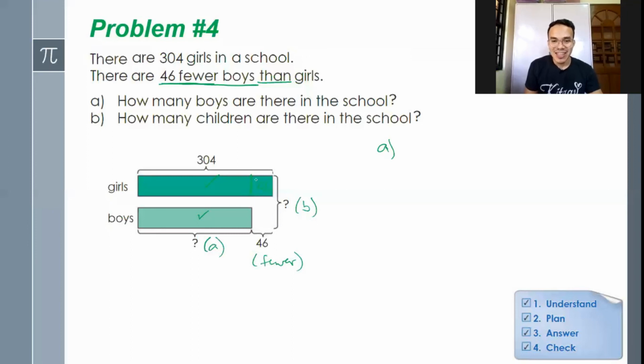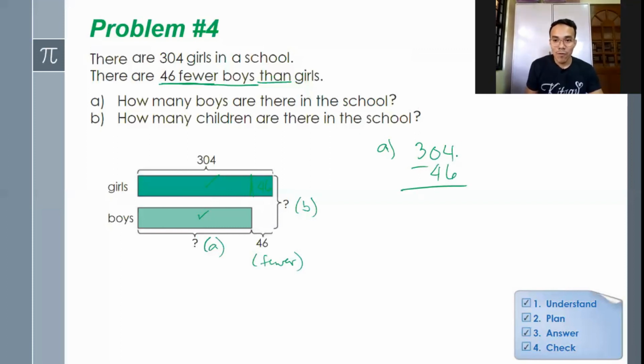Sorry, it's color green, so it's hard to see or to read 46, but this is 46. This is part. Another part is missing. So if a part is missing, you subtract. So we have to subtract 304 and 46.